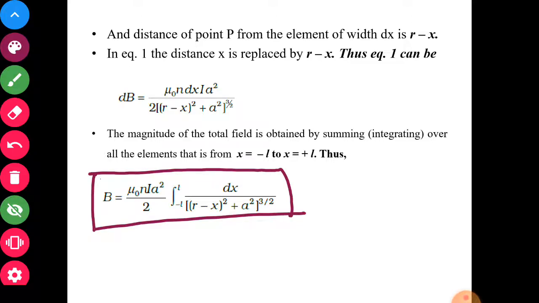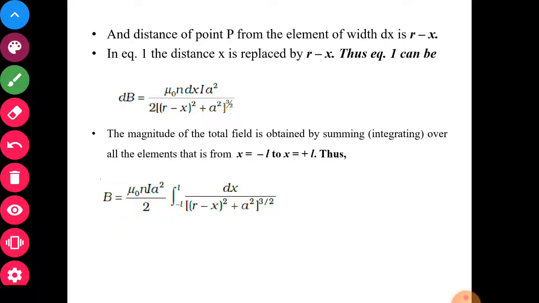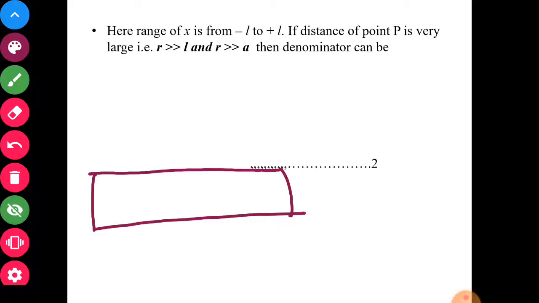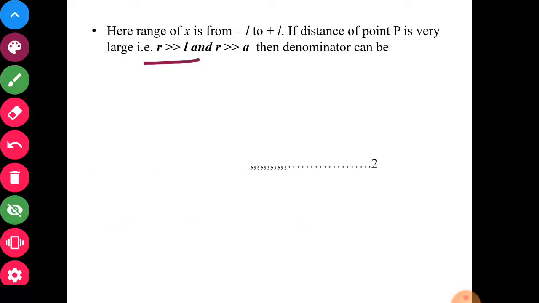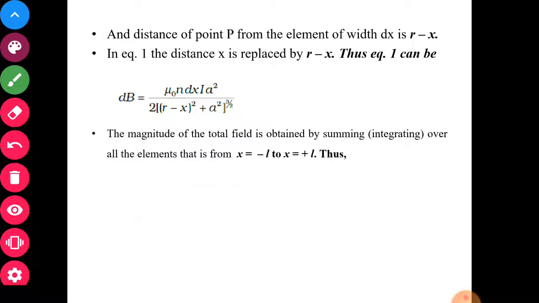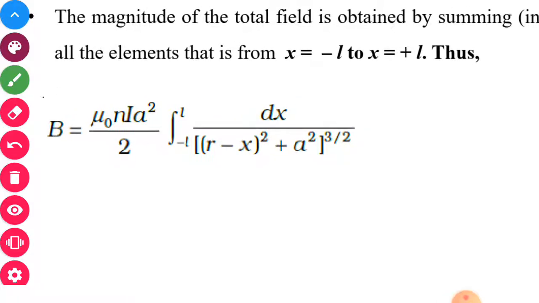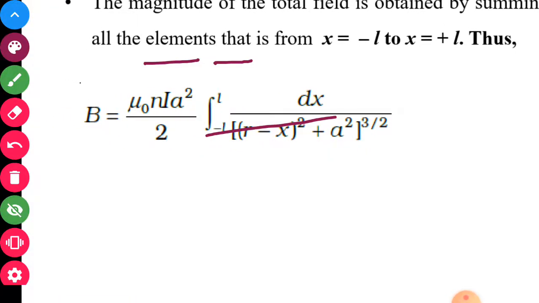Now the point which we have considered is at a very large distance. You consider that distance r to be very large in comparison to the length of the solenoid. Then that distance is also large in comparison to the radius. So if r is taken very large, then in this equation what will happen?